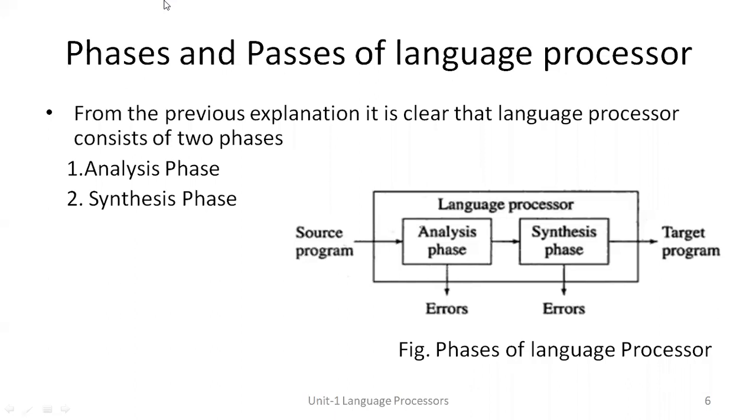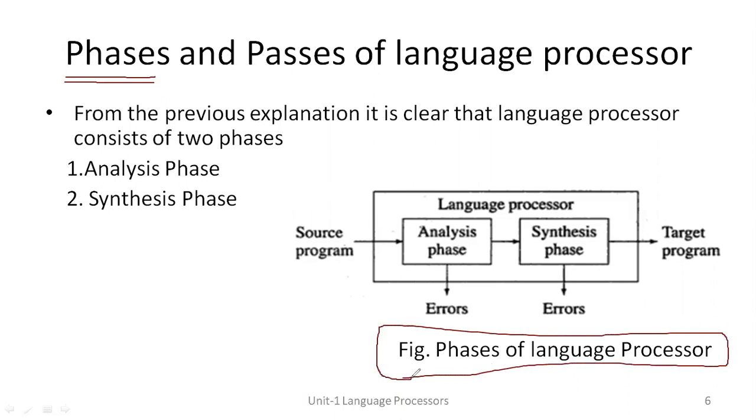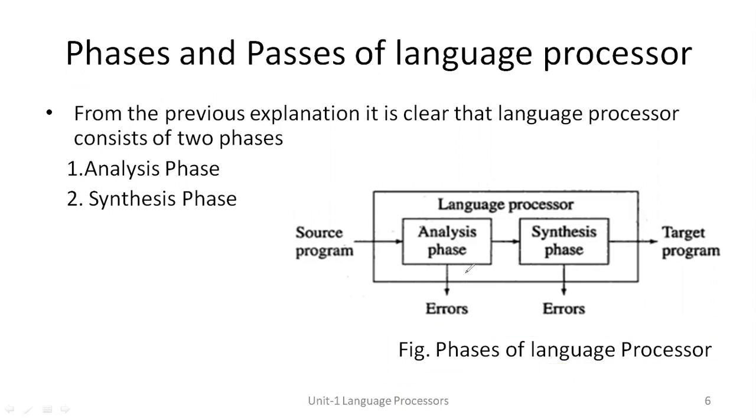The heading is phases of language processor and passes of language processor, out of which we have a diagram for phases of a language processor. What is this diagram indicating? This diagram is indicating that the language processor as a whole has two phases.